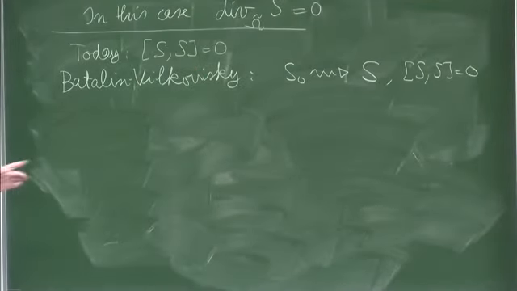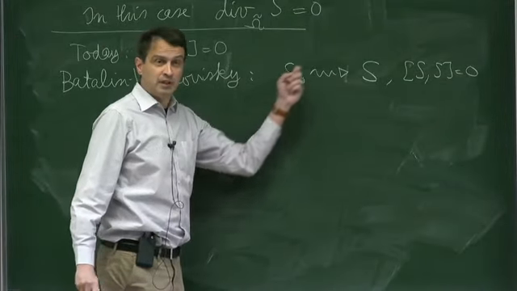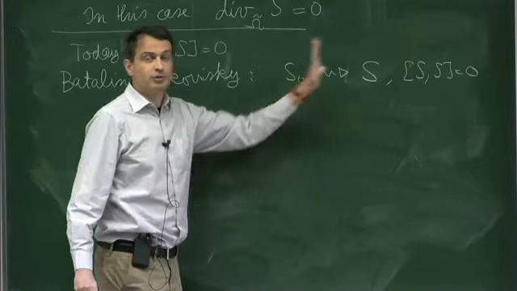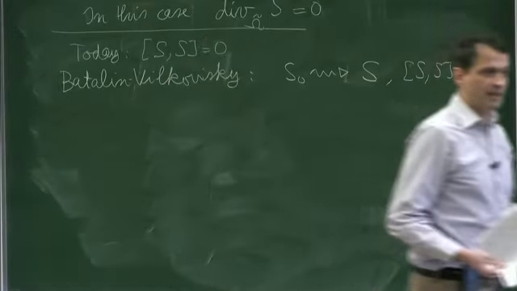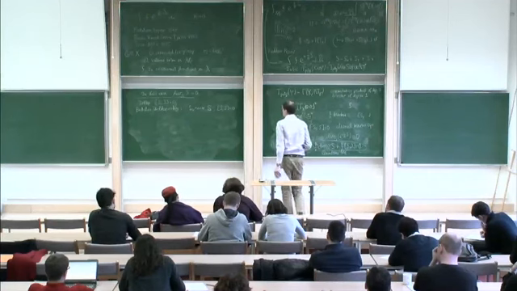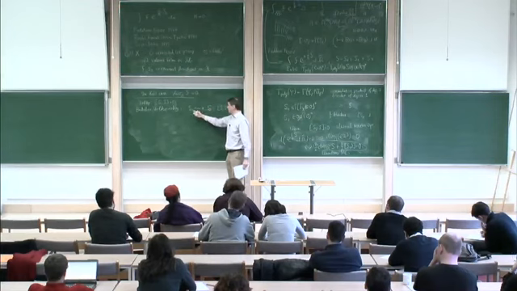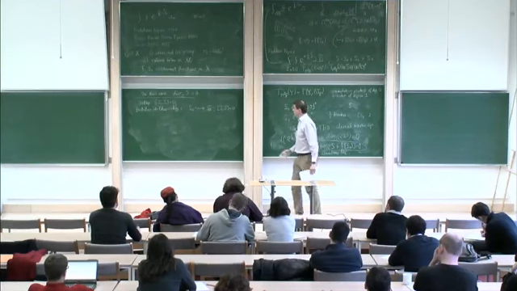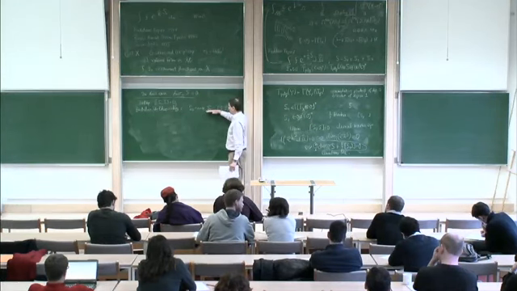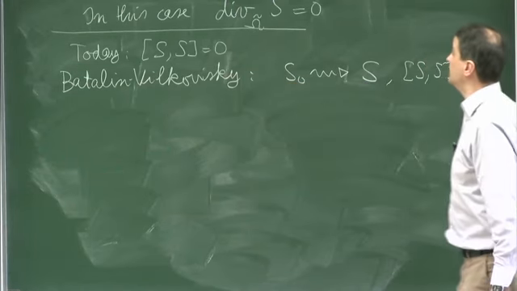For this process, Batalin-Vilkovisky gave some kind of recipe: how to, given S0, construct S. In this recipe, you have to make certain choices, and our goal was to try to understand mathematically what these choices are, what this construction is, and prove that the S that you construct in this way is uniquely determined by S0.